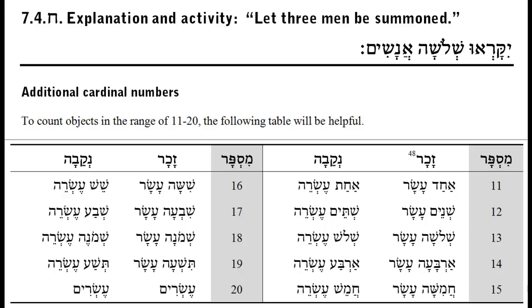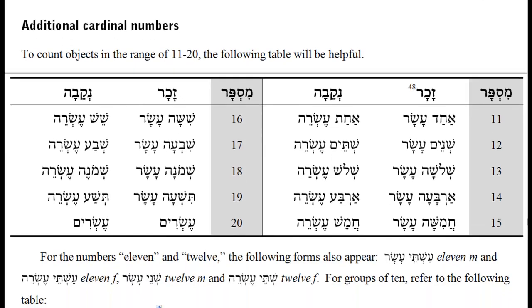Tisha asar, tisha esrei. And esrim. Alternative forms attested for the numbers 11 and 12 are as follows. Ashte asar and ashte esrei. Shnei asar and shte esrei.